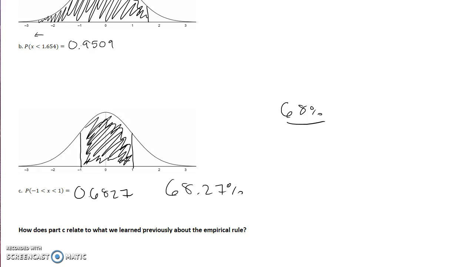Well, we've just used the normal distribution calculator to kind of verify this, because we calculated the area between negative 1 and 1, and we found that that was just a little bit over, but pretty close to 68%. So how does this relate? It goes back to chapter 2, which is what we talked about. Within one standard deviation, it's 68% of the data.